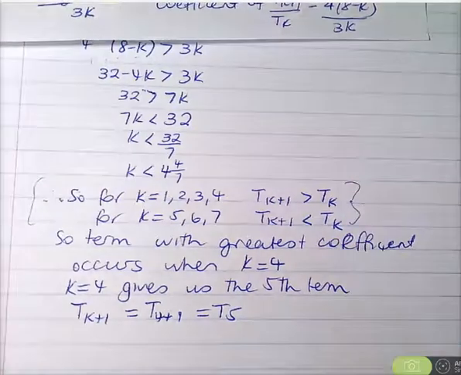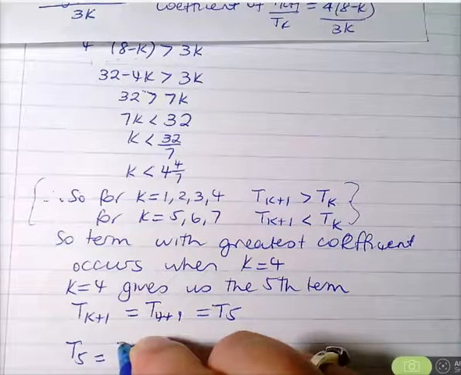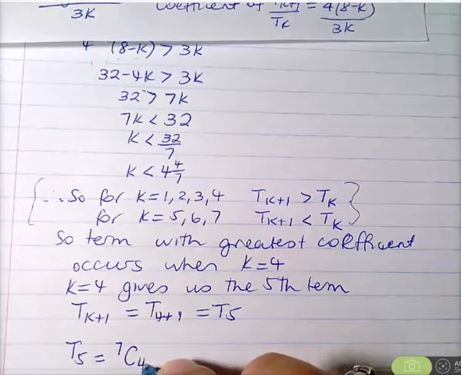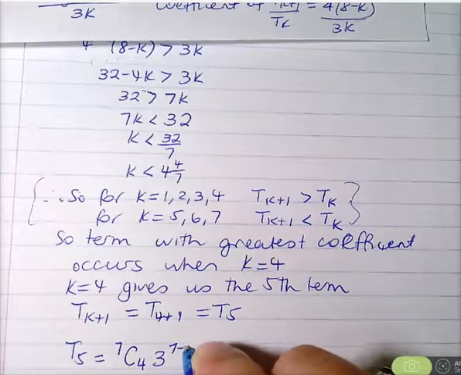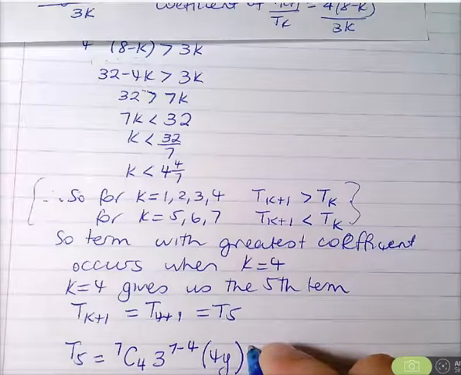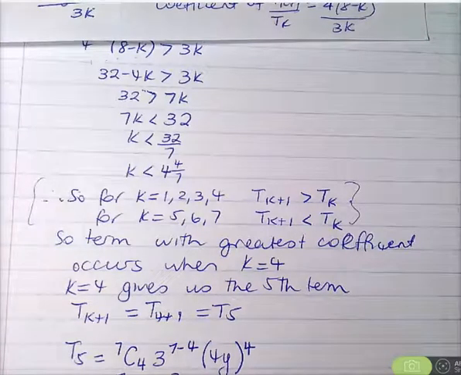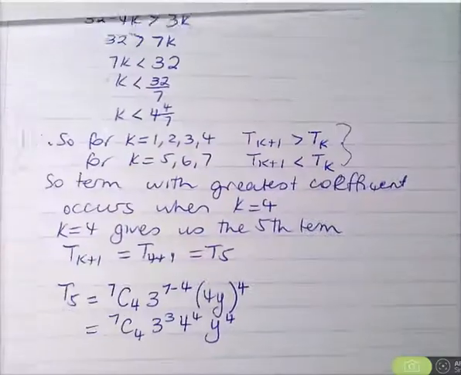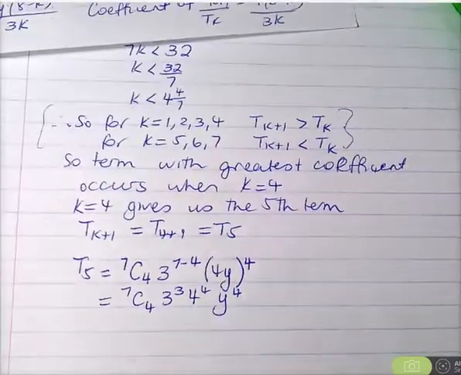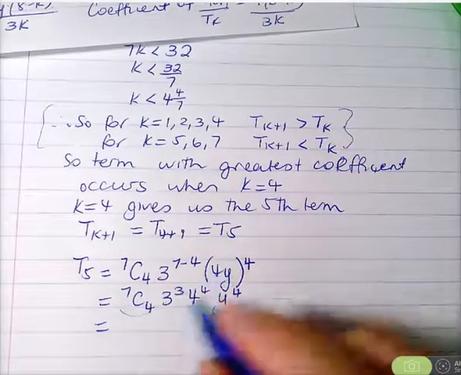And so working out what that term is, we've got t5, we know is 7c4, 3 to the 7 minus 4, 4y to the 4, which is 7c4, 3 cubed times 4 to the power of 4 times y to the power of 4. And this bit's the coefficient, and the whole thing is the term.